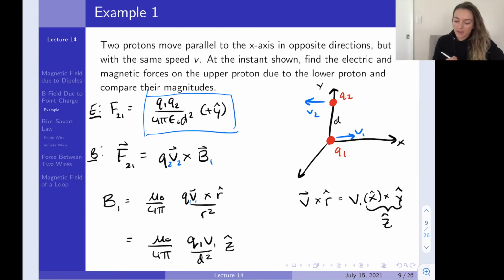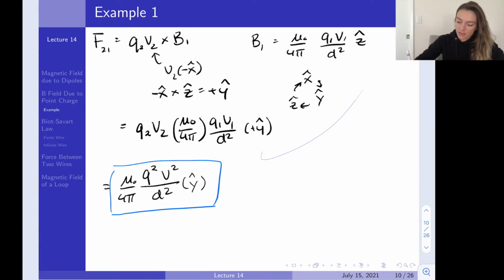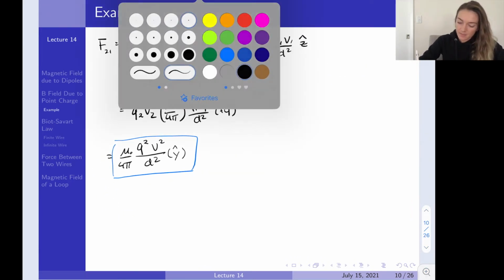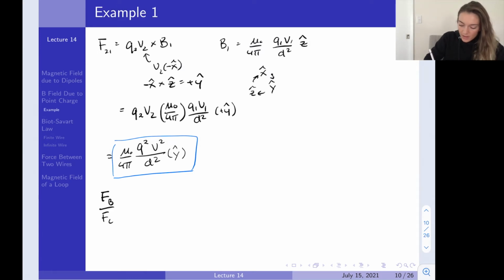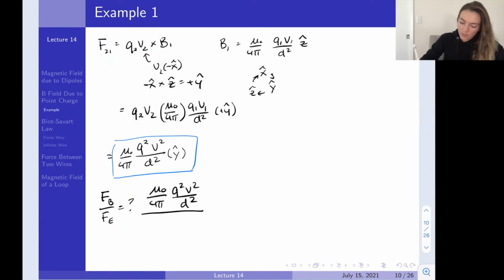So now it wants us to compare their magnitudes. So we're just going to take the ratio of the magnetic force over the electric force and see what that comes out to. So let me make this a little bit smaller. So F_B over F_E is equal to, F_B was mu naught over 4 pi Q squared V squared over d squared, and the electric force was Q1 Q2, which since they're the same charge, we can just rewrite as Q squared over 4 pi epsilon naught d squared from Coulomb's law.